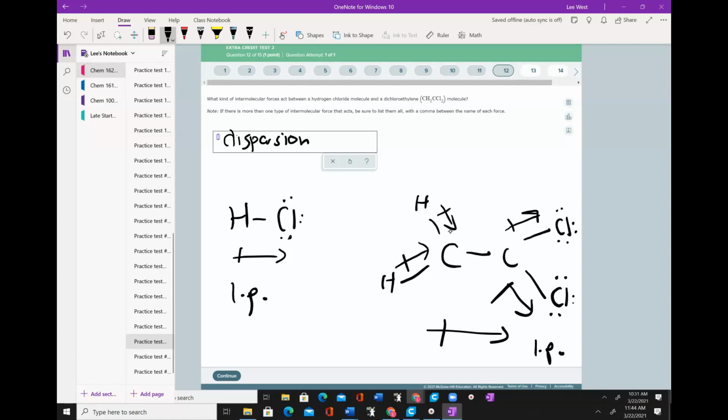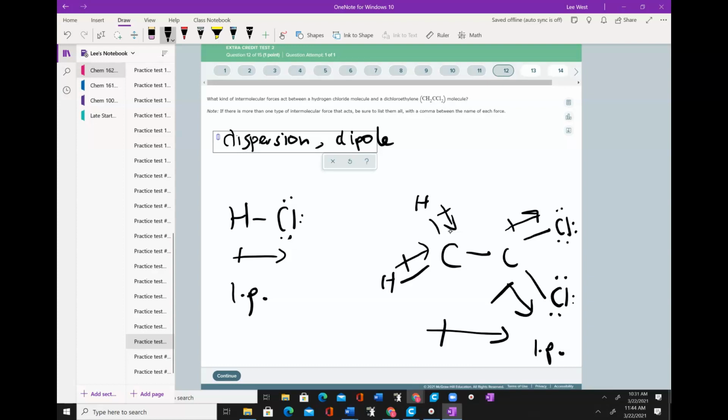These guys can't hydrogen bond with each other because they don't have hydrogen on oxygen, nitrogen, or fluorine, but they can interact via dipole-dipole because they are both polar. So this is going to be dispersion and dipole-dipole, or you can just put dipole is what Alex prefers.